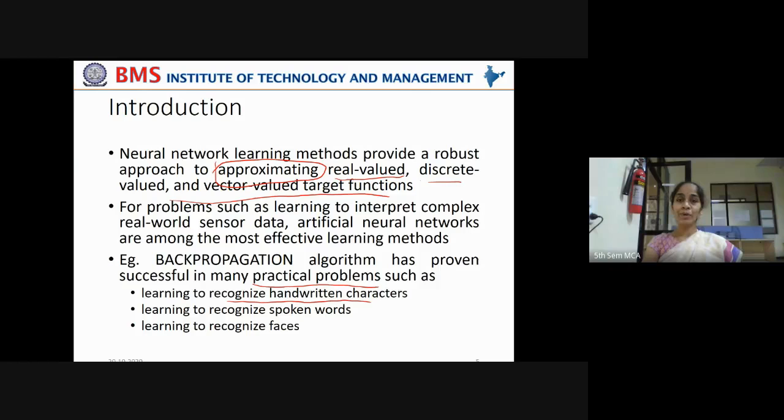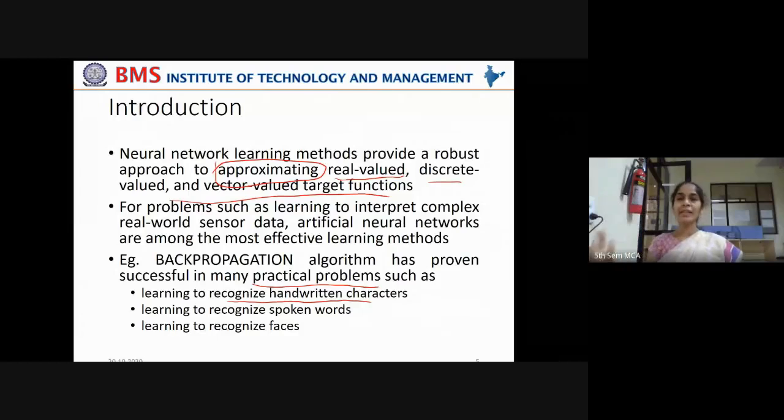Why? Because each person writes a particular number in 100 different ways, right? Now, making a machine learn from these 100 different ways and predict whether a particular character is a specific number or a letter is not a simple task, right? So artificial neural networks will work very well at such kinds of problems.